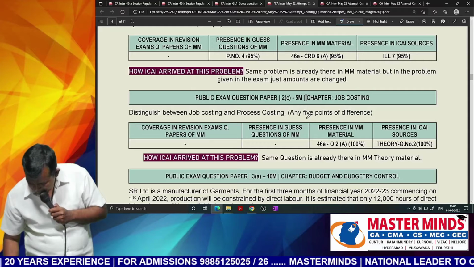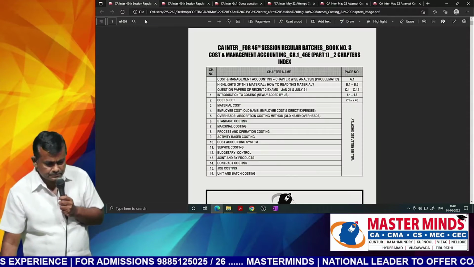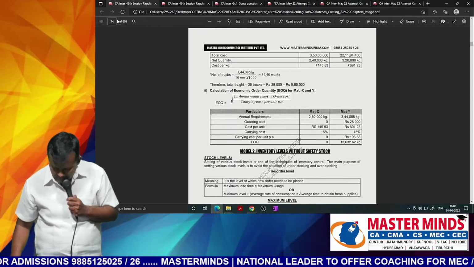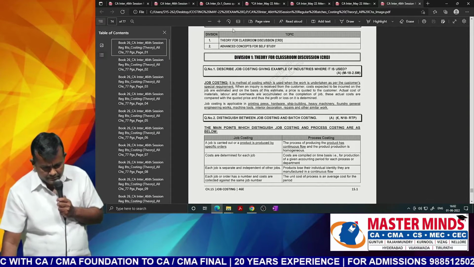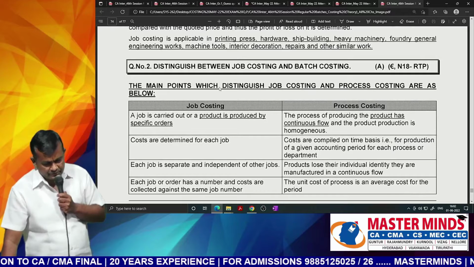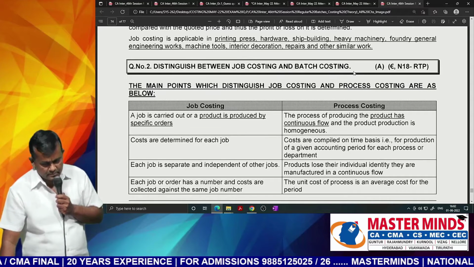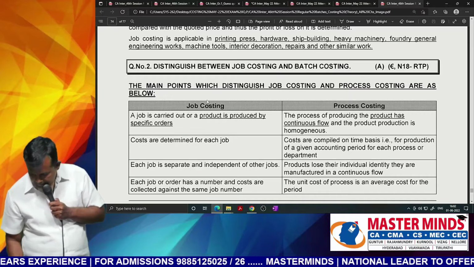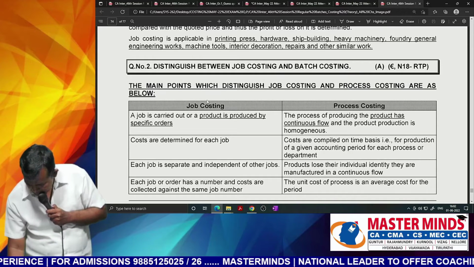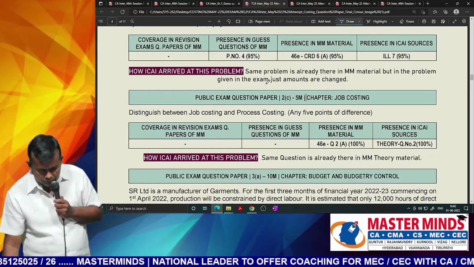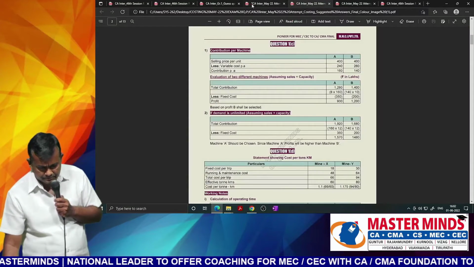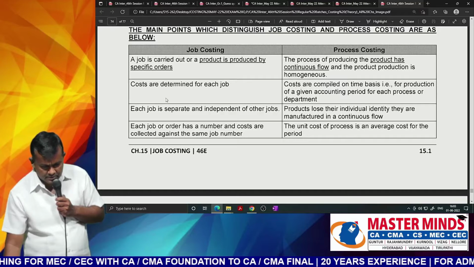So theory material, page number 74. So this one: distinguish between job costing and batch costing. Here the questioner is asking job costing and process costing. Same question.